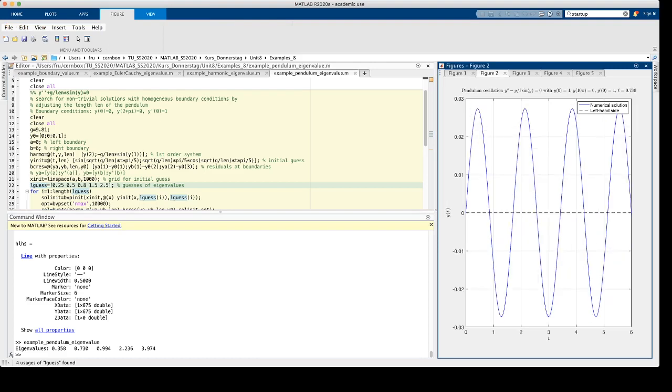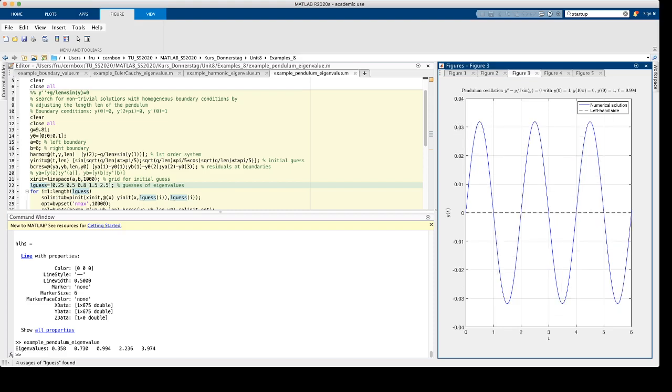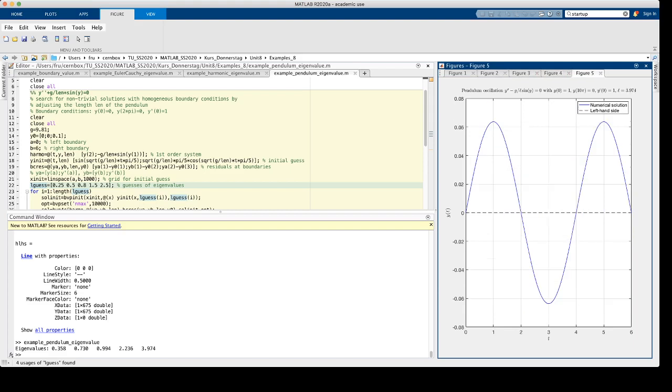The shorter the pendulum, the faster the oscillation. The longest eigenvalue, about 4 meters, gives the slowest oscillation of the pendulum. You can try to find more eigenvalues using other guesses for the eigenvalue length of the pendulum.